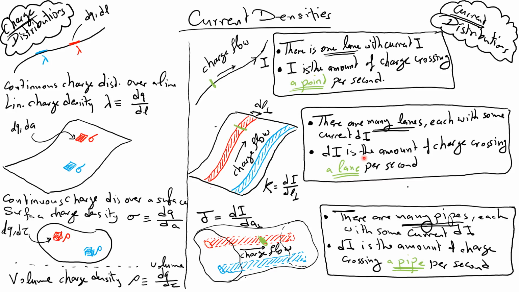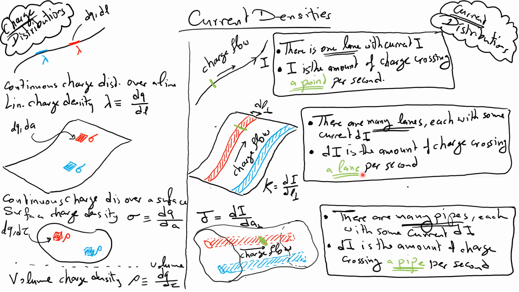So dI, by definition, is nothing but a current. So it's the amount of charge crossing what now? You notice that you no longer have a point. When you define a current, because this lane has some width now, the current is the amount of charge crossing a lane per second, and the lane has a width. So dI is how much current is crossing this dL perpendicular.